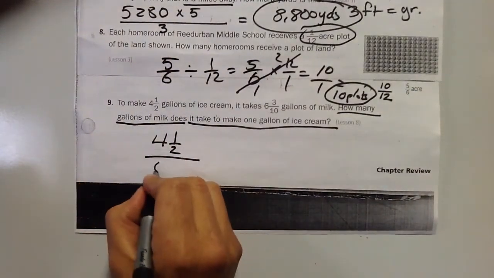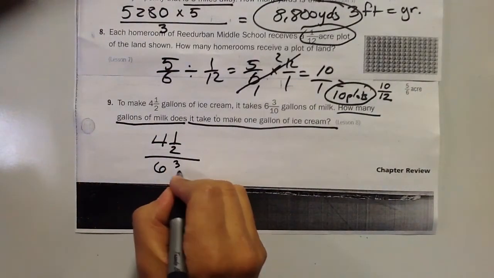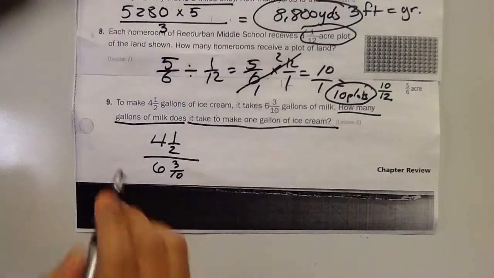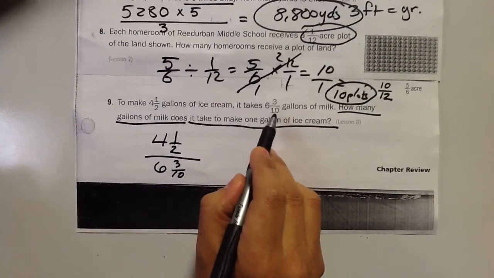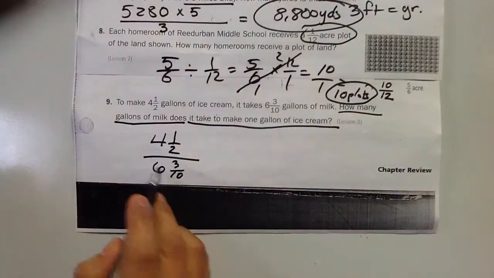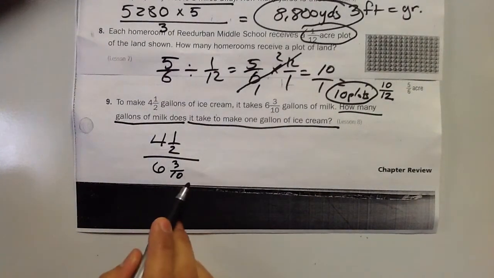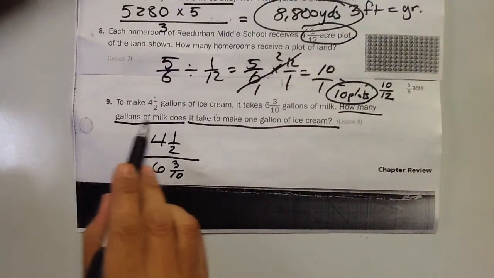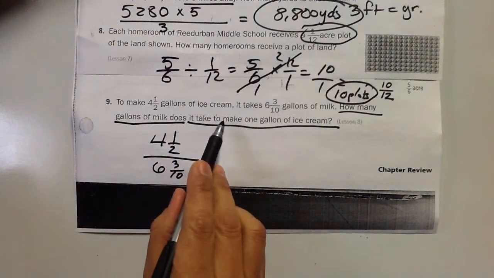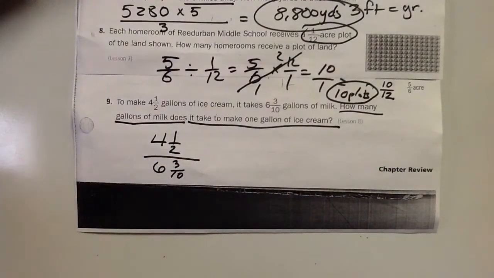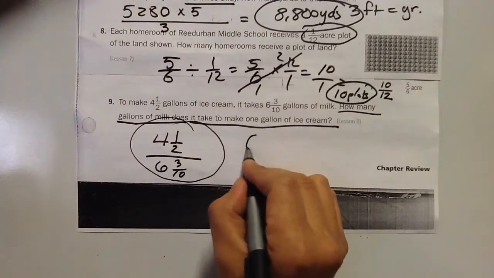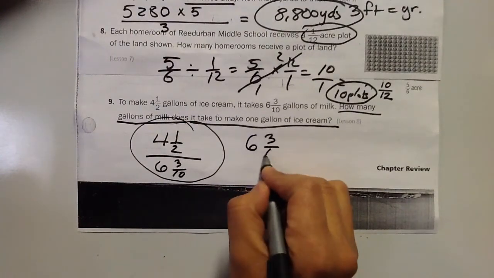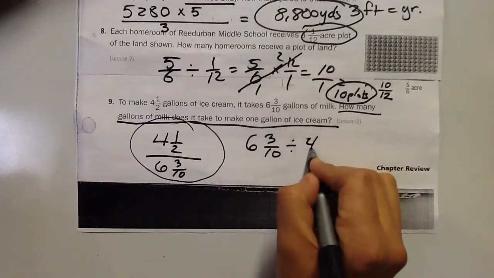We can look at this as a ratio, actually. Watch this. This is interesting. To make 4.5 gallons of ice cream, here it is, I need 6 3/10 gallons of milk. So for every 4.5, I need 6 3/10. How many gallons of milk does it take to make 1 gallon of ice cream? So here's my ratio, but to set it up as a division problem, it would actually be 6 3/10 divided by 4.5.